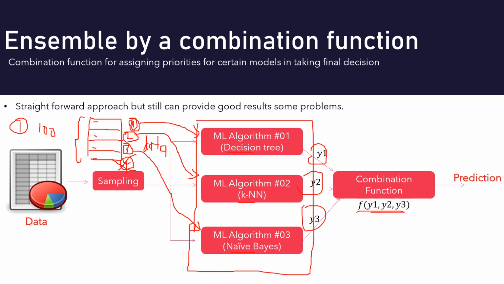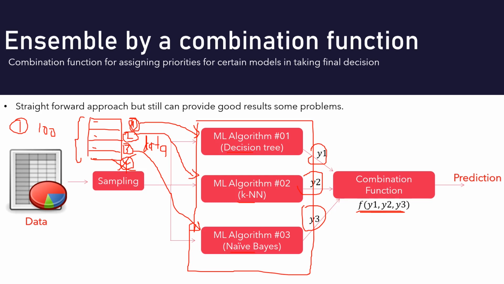And then we are designing a function that is based on the output of these three algorithms. That function may be a kind of priority function, based on the outputs that the algorithms are producing.